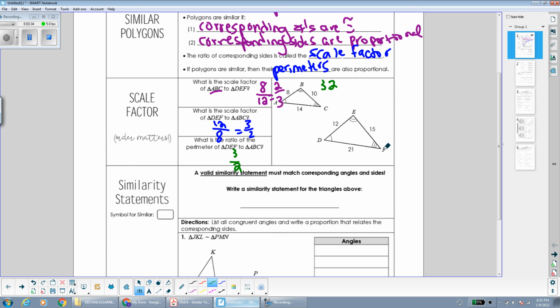And if you add up all the sides of the big triangle, 12 plus 21 plus 15, that's 48. And if I take 48, the perimeter of the big triangle, and divide by 32, which is the perimeter of the small triangle, that should reduce to 3/2.